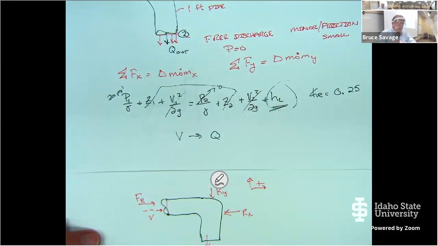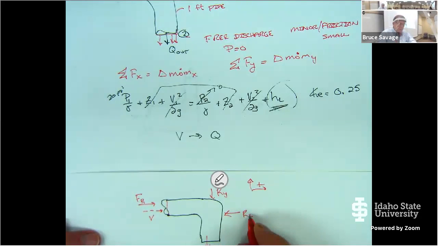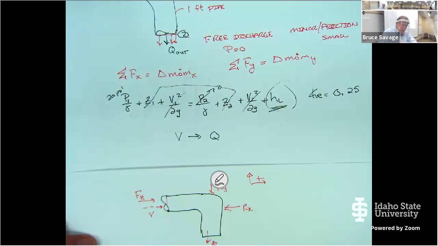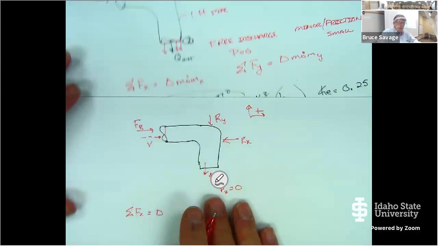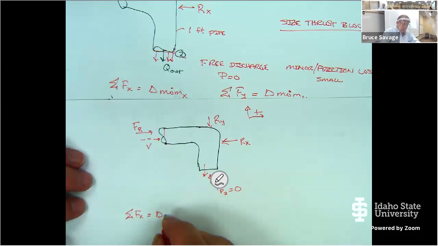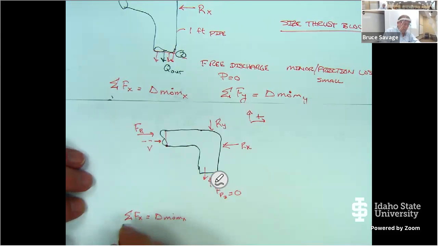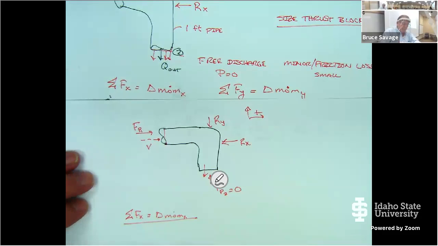So let's go ahead and run through it in the X direction. So the sum of the forces in the X direction equals the change in momentum in the X direction, right? So what are the forces in the X direction? Well, I'm going to have F P sub 1 minus R sub X, and that's going to equal the flow out.